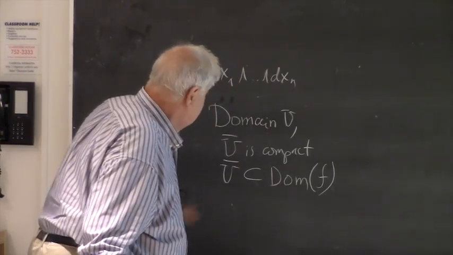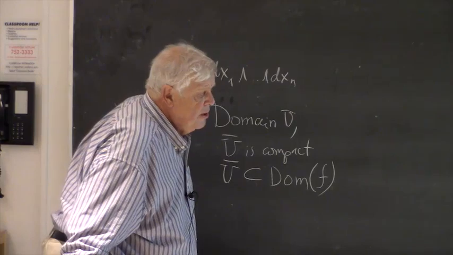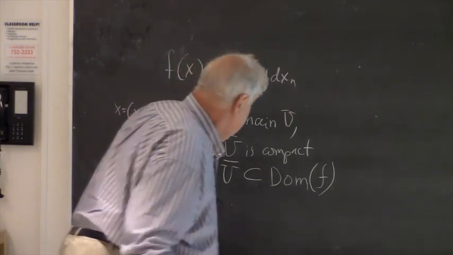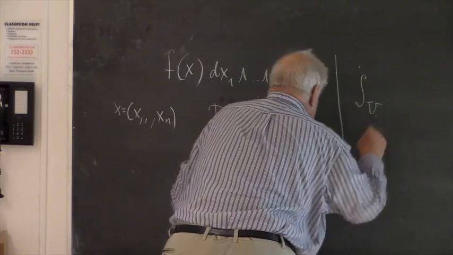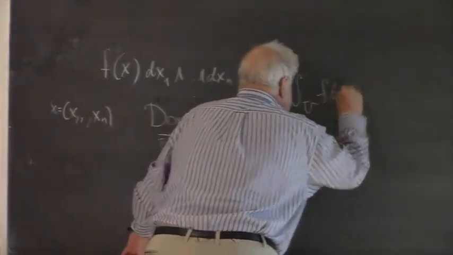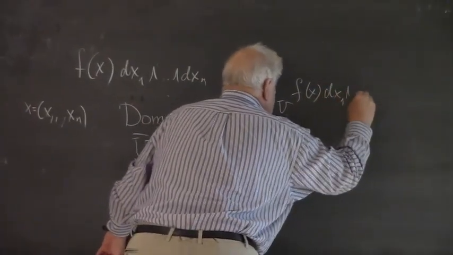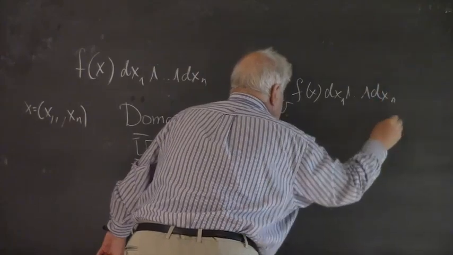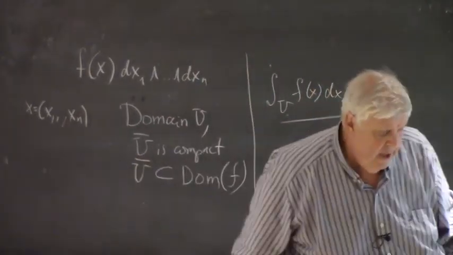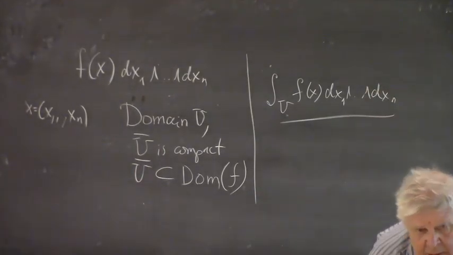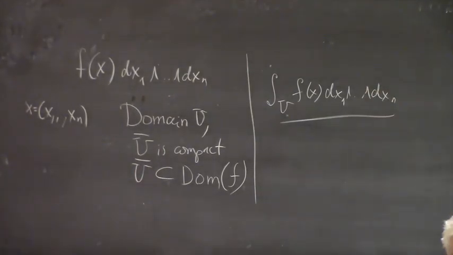In this case, the domain of the function f is not important, but we can assume that it is open. In this case, the integral over U of f of x, maybe without this wedge sign, becomes a well-known notion from analysis. Agree?